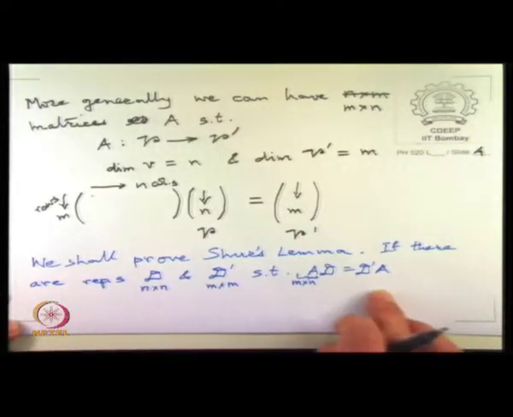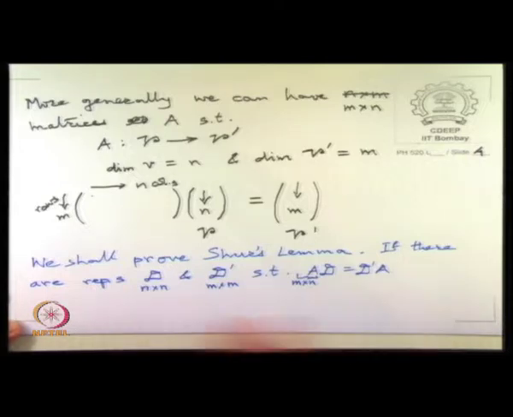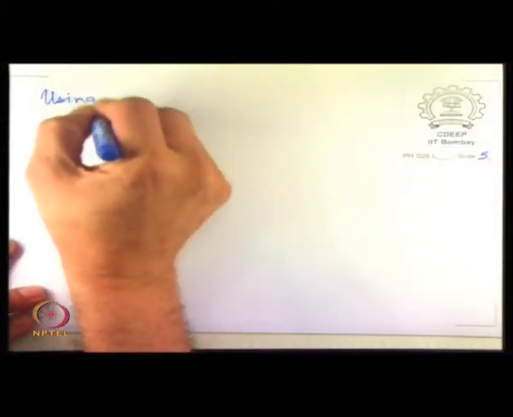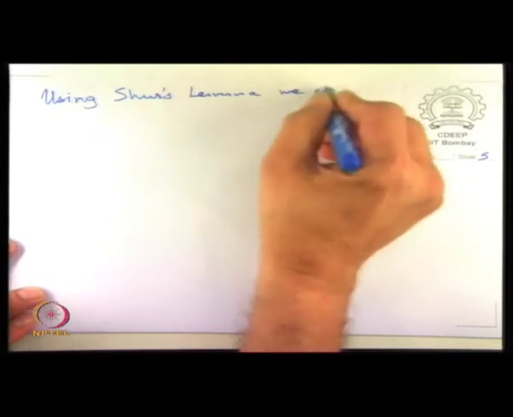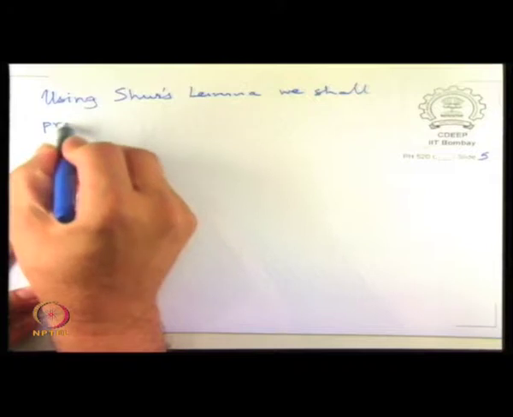So if there is an A such that it kind of commutes with 2 representations or converts one representation into the other, then this A has to be trivial, so either it has to be all 0 or it has to be identity, or D equal to D prime and A is proportional to identity matrix, where n will be the dimension of that D. So using this theorem, which we will prove in a little while, we shall prove what is called the great orthogonality theorem.